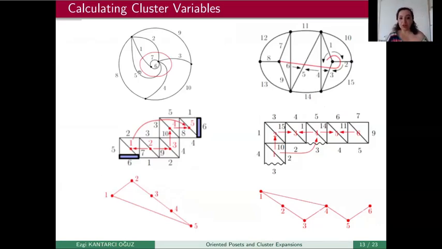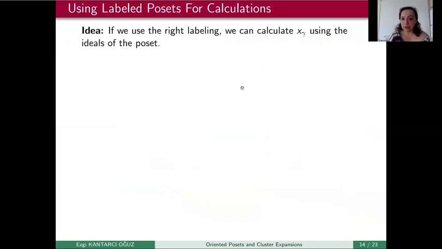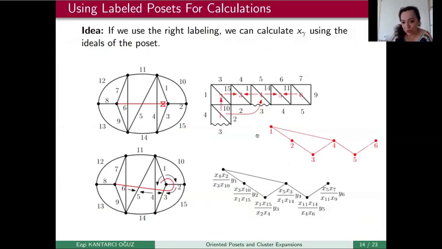Well, so these things already come with a bijection to posets. So this was known, but there wasn't a way of actually calculating the coefficient using the posets. But we thought, if we use the right labeling, then the ideals should give the actual cluster variable. And happily that worked. So we were able to just look at this triangulation and curve and then get the labeled poset.